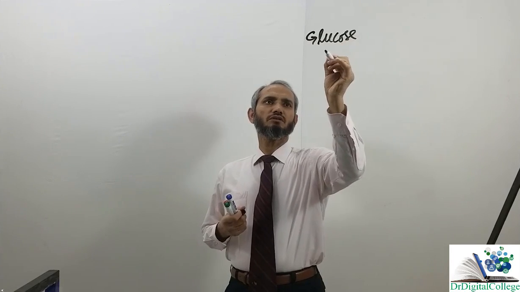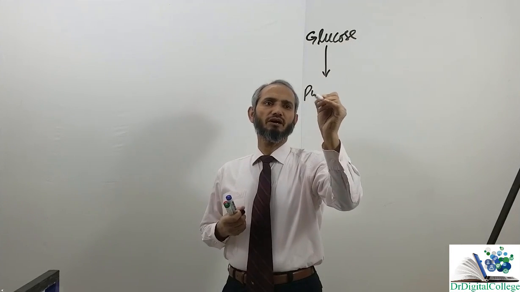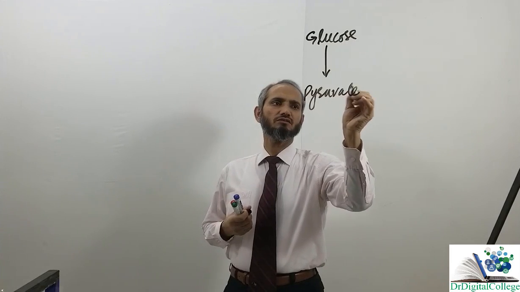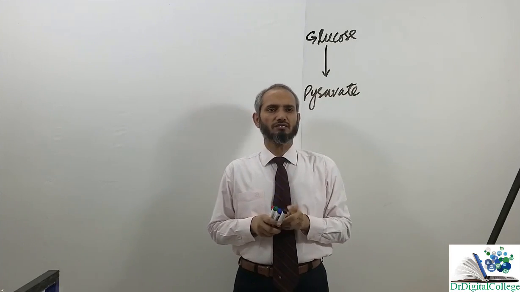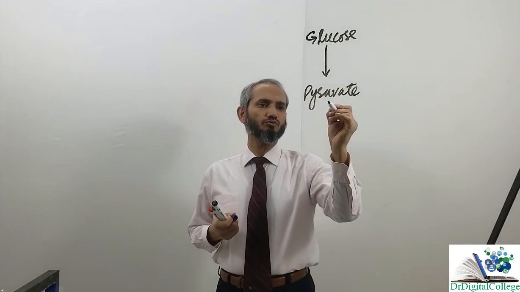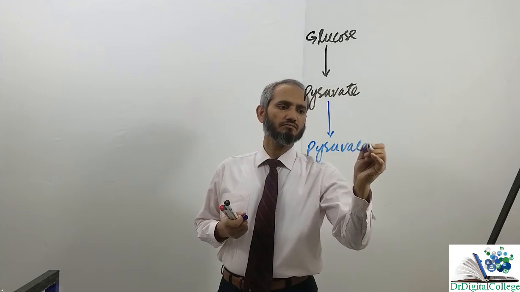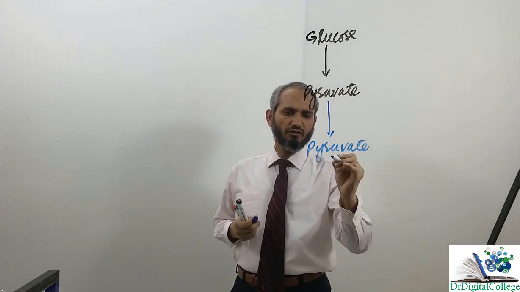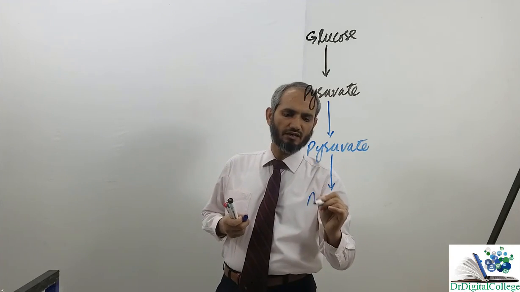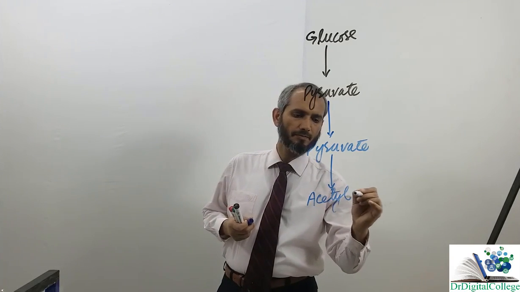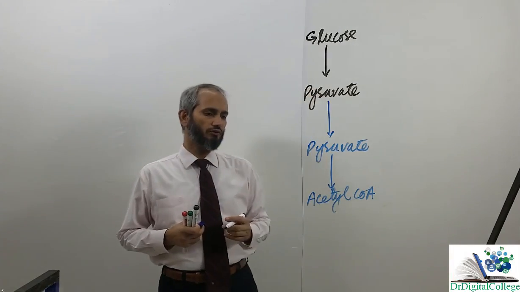Let's have an overview of aerobic respiration, the overall process of aerobic respiration. You know that glucose is oxidized into pyruvate. This is done in the cytoplasm of the cell, and then pyruvate moves into the mitochondria, whereby pyruvate is oxidized into acetyl coenzyme A. This is all we have already studied.